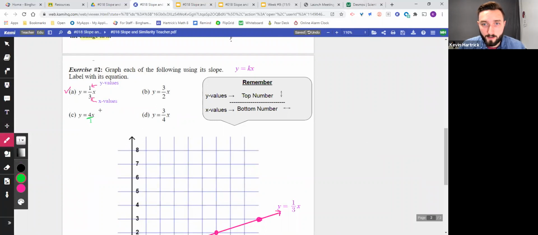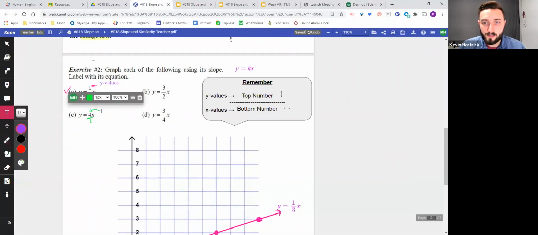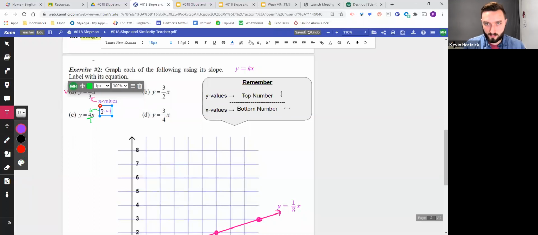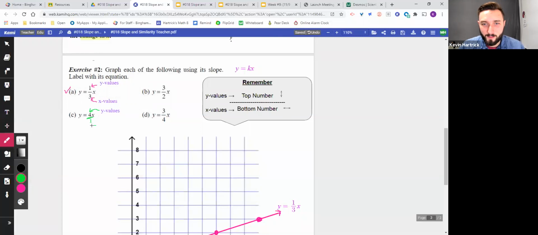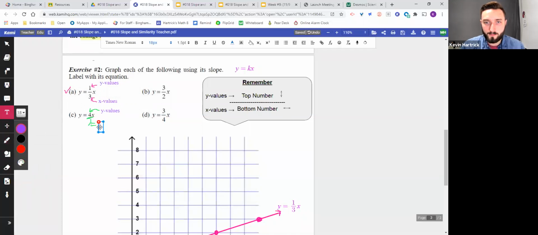Okay, remember, top number tells me my y values. I'm still purple with that for some reason. Gotta get my colors straight. Hopefully you guys can see this green. It's a little bit challenging to see maybe, but bottom number, x values. Just to remind ourselves, right?